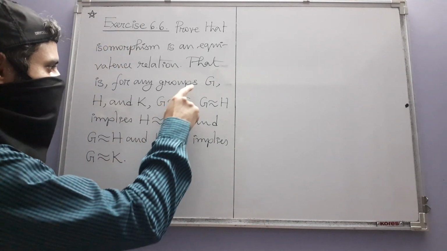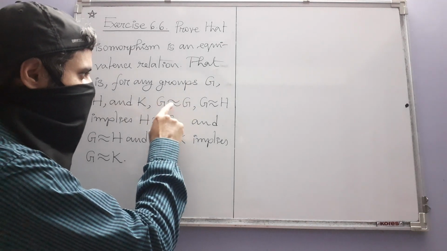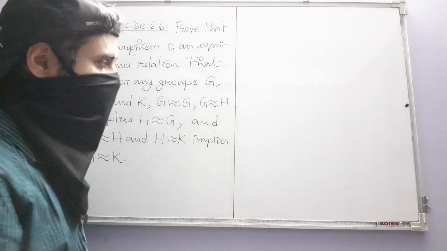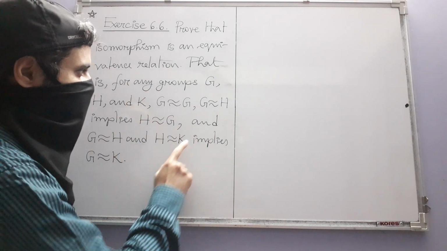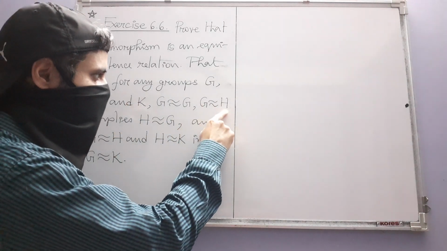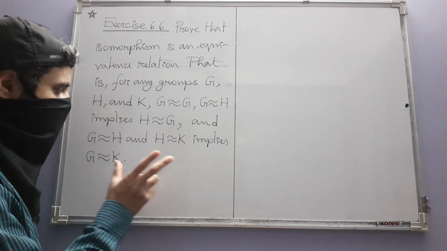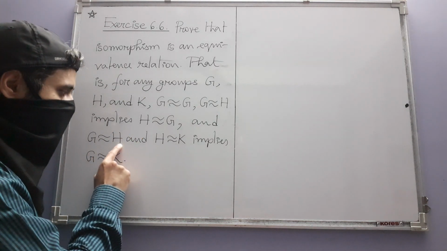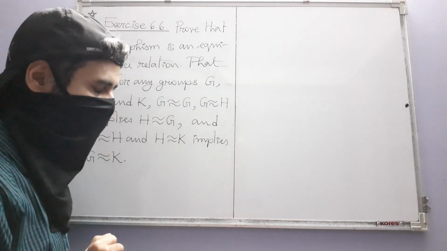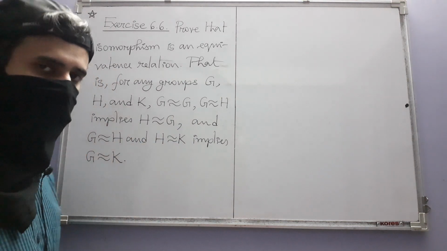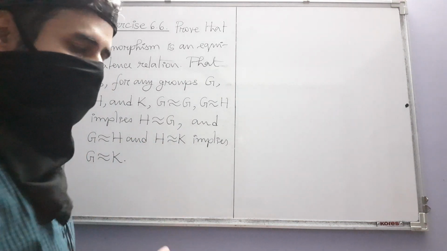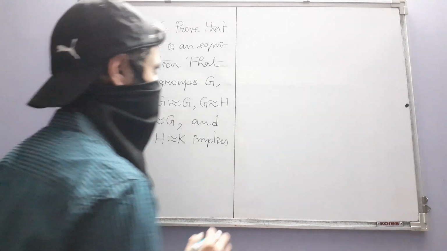Reflexivity demands that any group is isomorphic to itself. Symmetry demands that if G is isomorphic to H, then H is isomorphic to G. And transitivity demands that if G is isomorphic to H and H is isomorphic to K, then G must be isomorphic to K. So let's see how this can be proved.